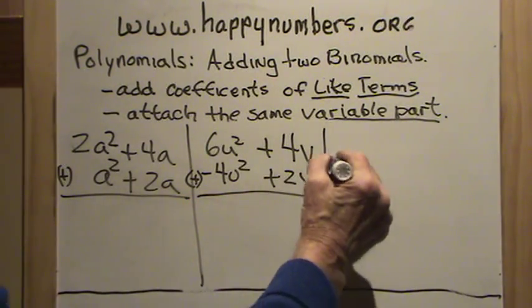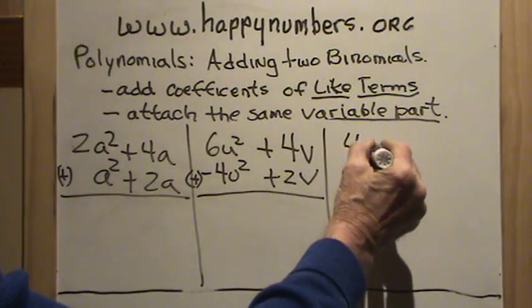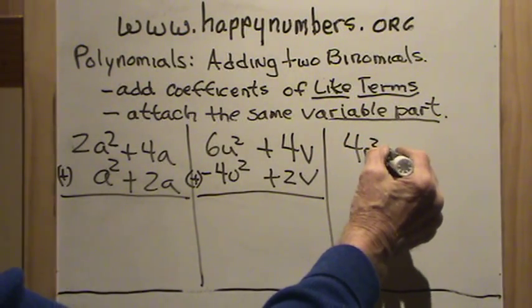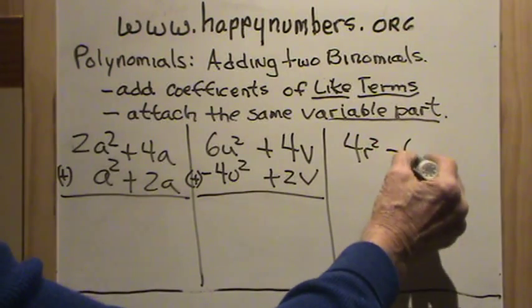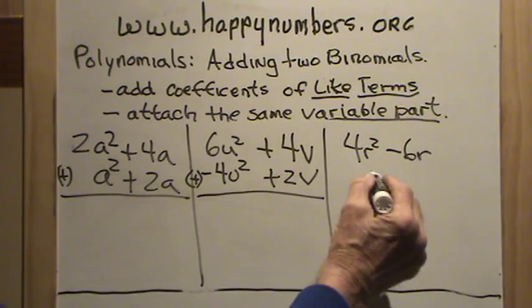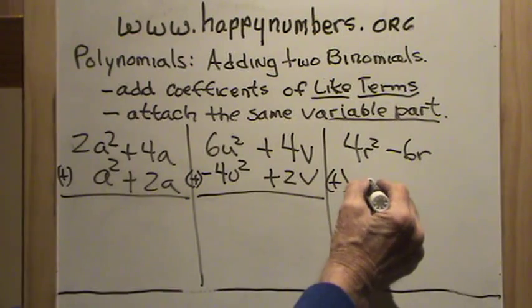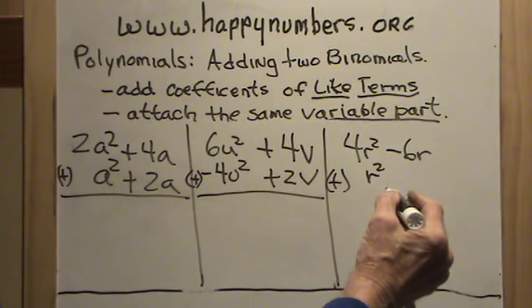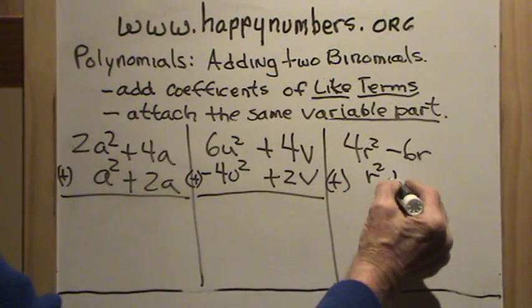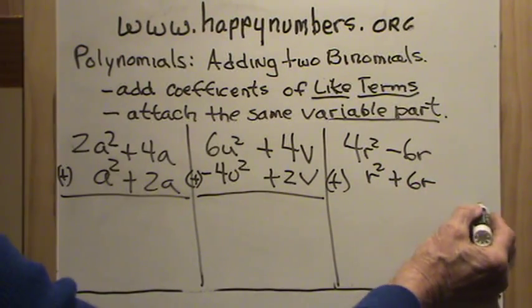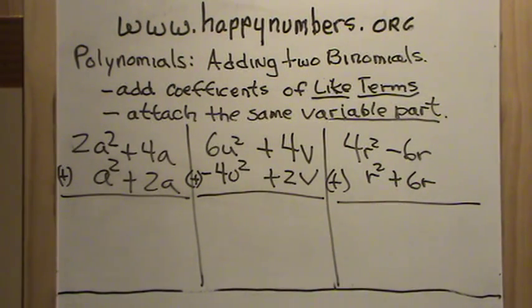And your final problem will be 4r squared minus 6 times r plus r to the second power plus 6 times r. Okay, so there are 3 problems for you to work. Put your DVD on pause, work them, and then turn it back on and we'll take a look at it.